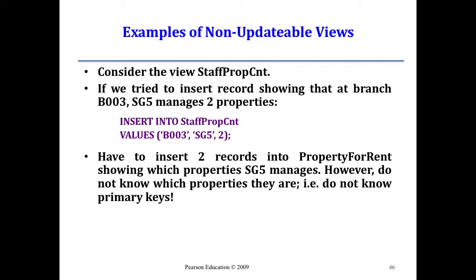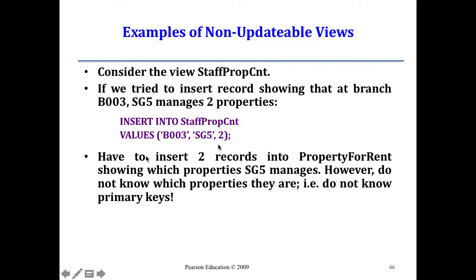And the reason is, try to map this update into the underlying base relations. Well, first of all, you're clearly going to have to add 2 tuples to the property for rent relation, because clearly the staff member is supposed to be managing 2 properties, but we haven't given any details about those properties.